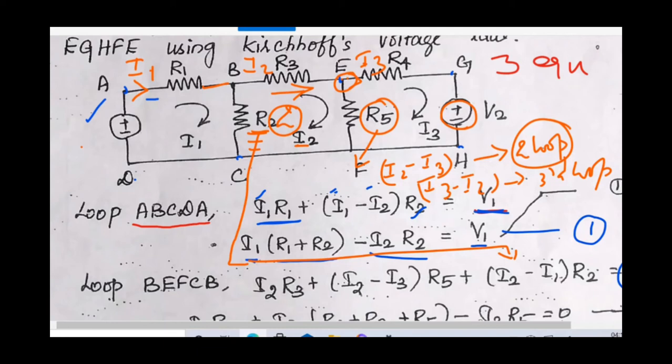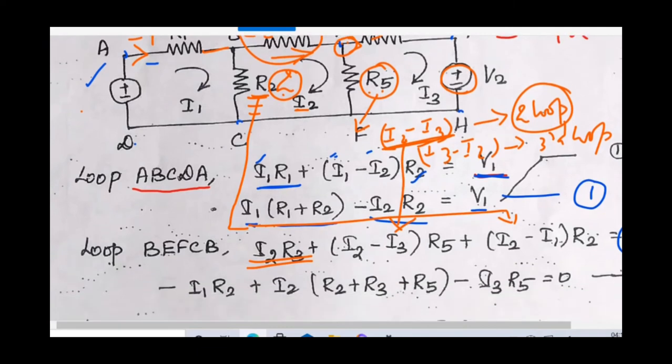What is the equation for R3? It is very easy because only one current flows through, so it is I2 into R3. Then what should be R5? Now we are writing an equation for the second loop, so R5 receives the current difference I2 minus I3, that is I2 minus I3 into R5. Now rearrange the expression.